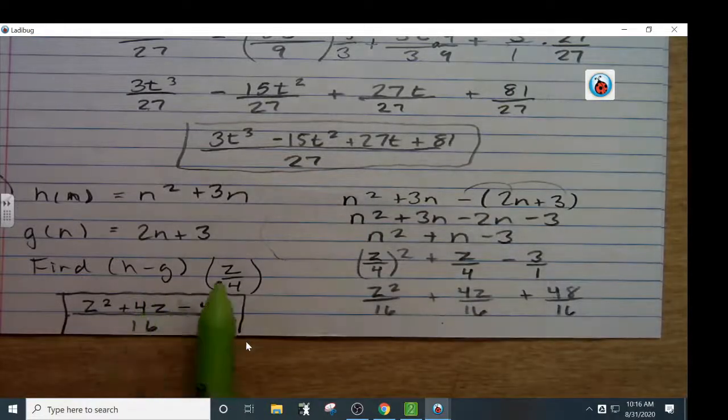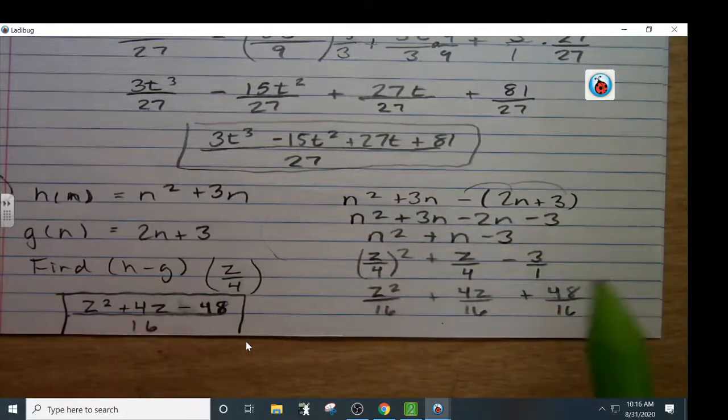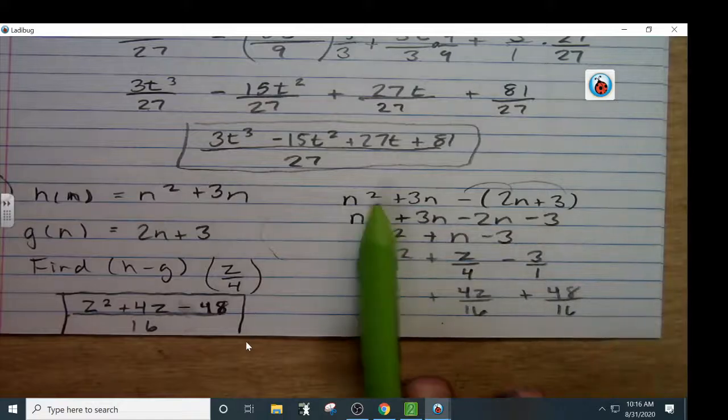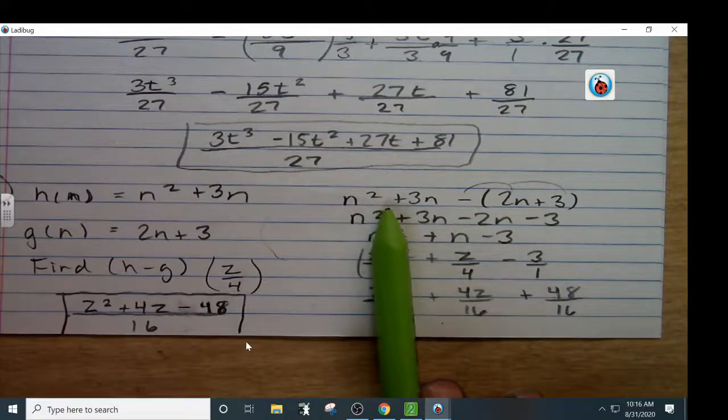And then you're going to put z divided by 4 in as an input. So what I always do first, guys, before I put anything in, is do the operation on my functions, and then when I clean it up as far as I can, then I put it in. Okay, so now this is h, this is g, so h minus g.